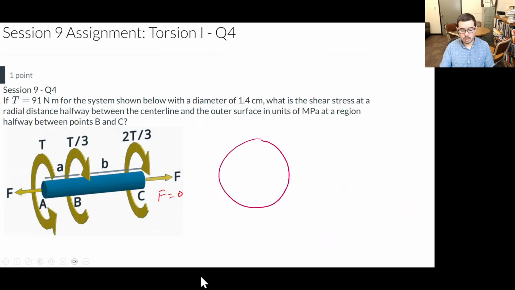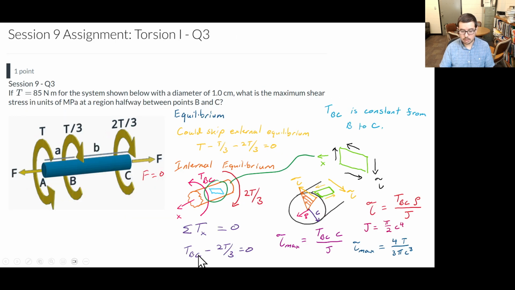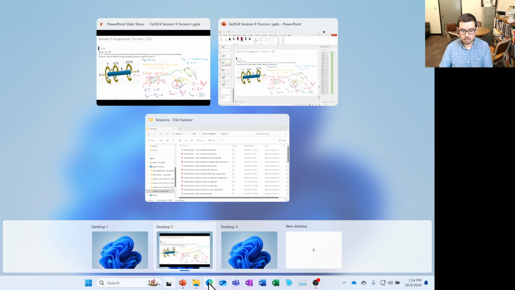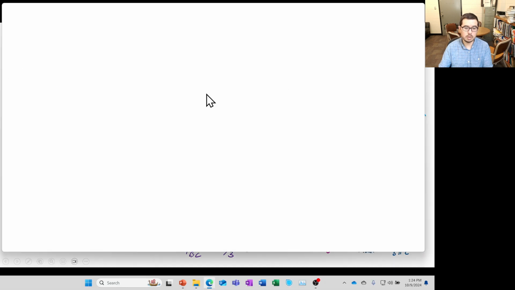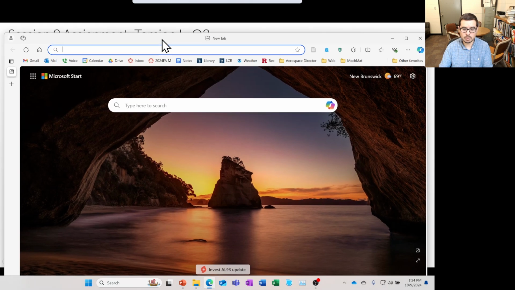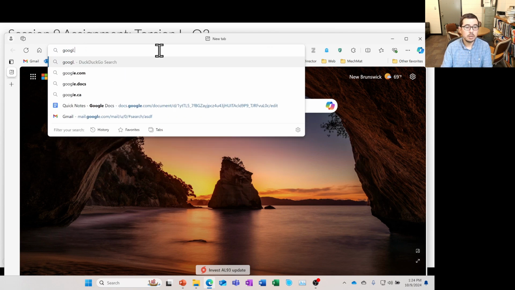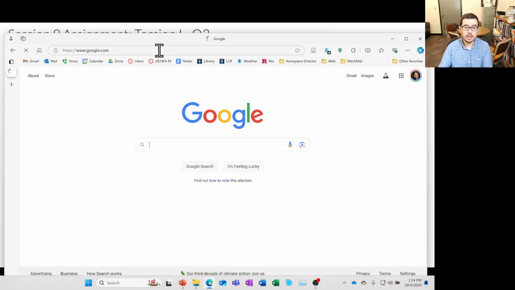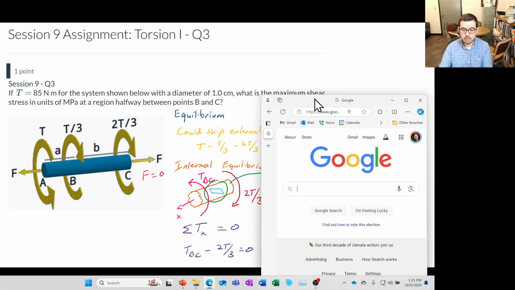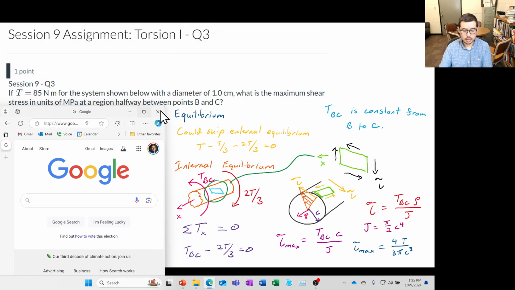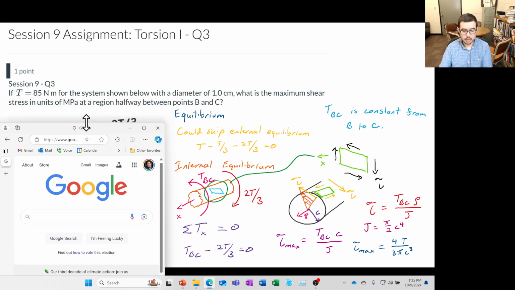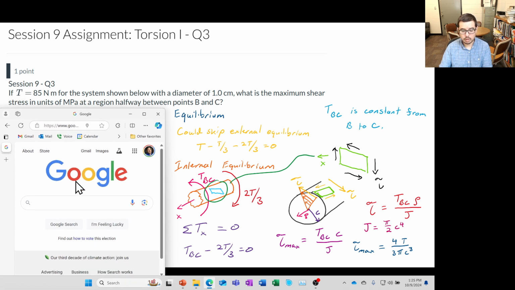So for this problem, whoops, this is the next problem which we're going to do. We could do this in Colab, and maybe I should, but I forgot to get it started. So let's just go to Google and plug in some values. We've got a diameter of 1 centimeter, and we have a T equal to 85 newton meters.